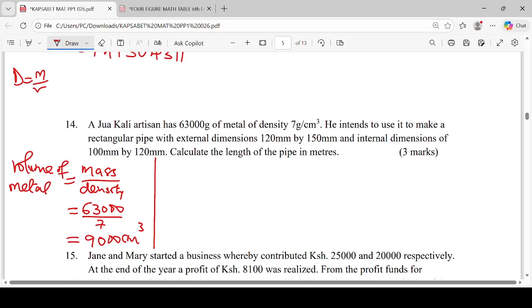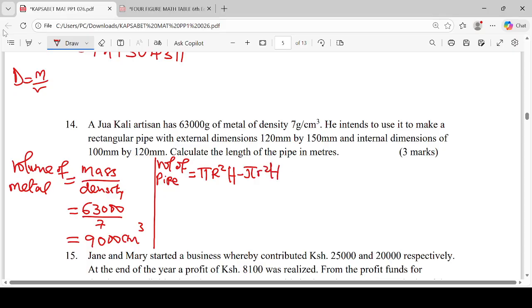So let me first look at this. Let me get the volume of the pipe, which is given by pi r squared h minus pi r squared h. Height is the same.